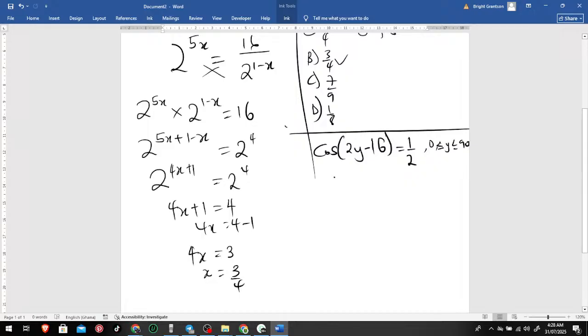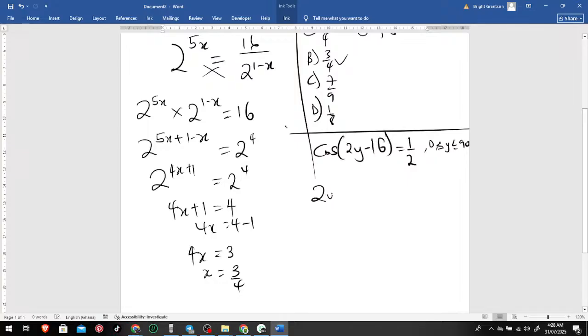If you have something like this, this is how to solve it. Everything here can be treated as theta, right? Like it's an expression. So everything here, we make it the subject.